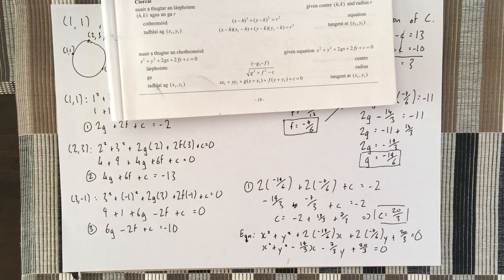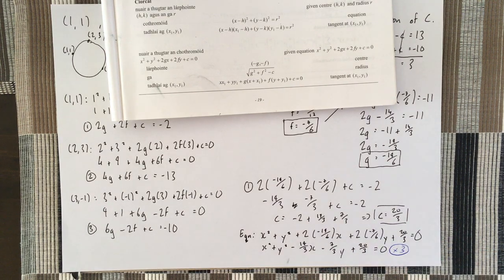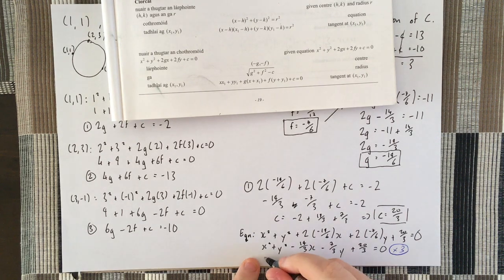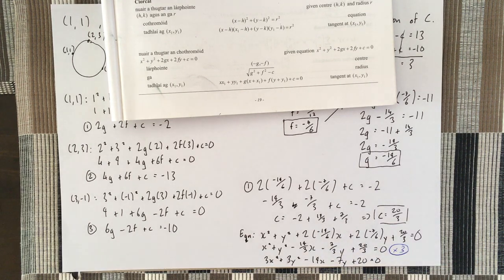And then I'm just going to get rid of the fractions, write it all as whole numbers. So I'm going to multiply everything by 3. So you're going to get 3x squared plus 3y squared minus 19x minus 7y plus 20 equals 0. And there's your final answer.